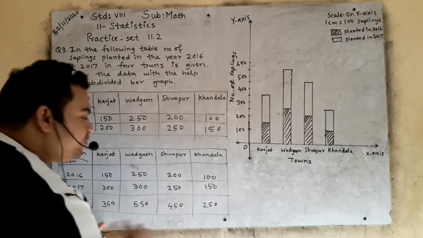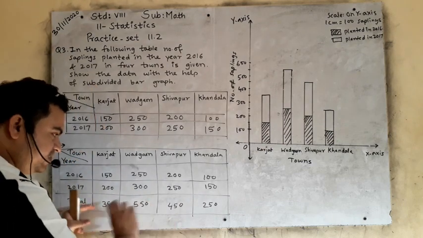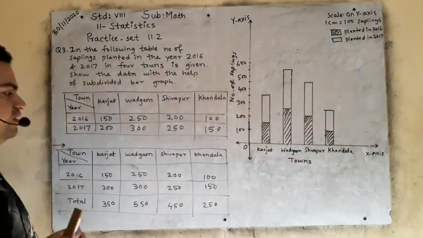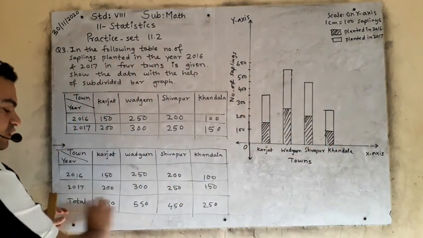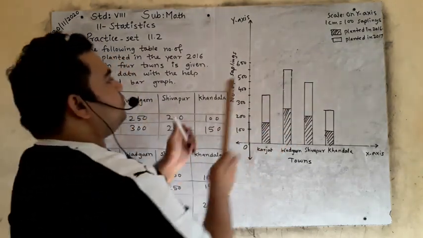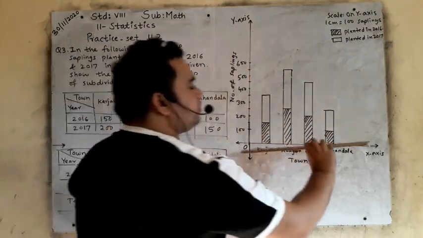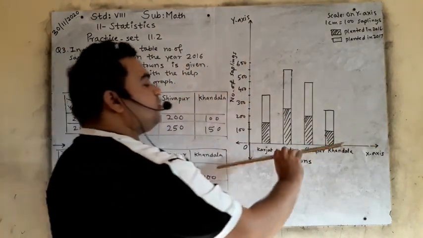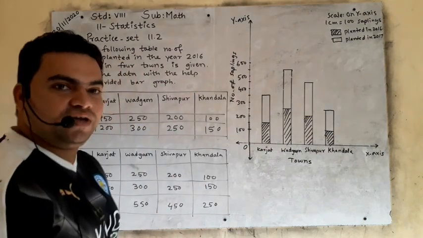Why is the total important? Because according to this total only we will draw the bars. See, the vertical one is the y-axis and the horizontal one is the x-axis.